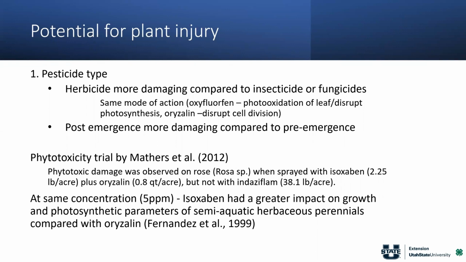So herbicide is usually more damaging compared to insecticide or fungicide because it has the same mode of action as on plants. Herbicides are designed to kill weeds or plants, right? So their mode of action, such as oxyfluoropyr, disrupts photosynthesis, or it causes photooxidative damage on the leaf.